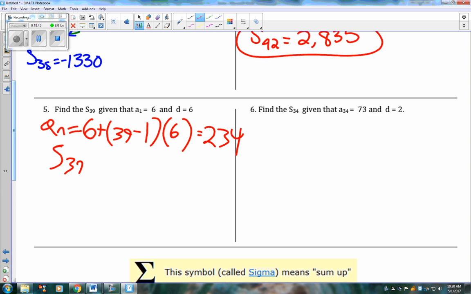Put D there, and then 6 on the next line. Whatever you get right here is going to go in for the very last a.